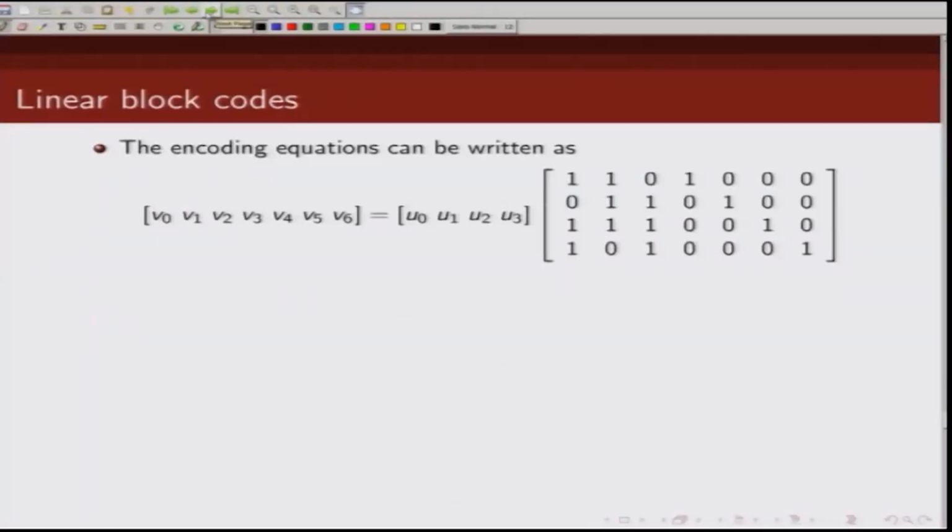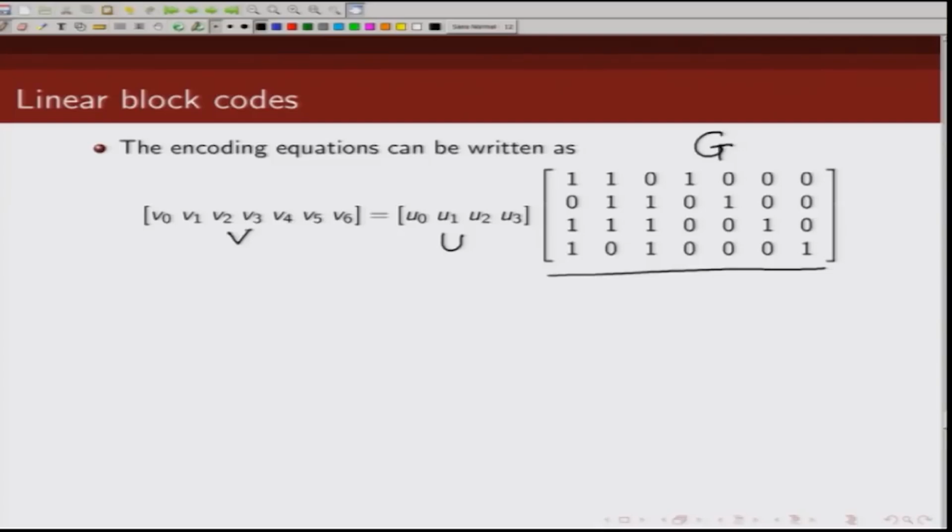The encoding equation: this is our generator matrix G, this is our information bits, the message bits U, and this is our coded bits V. So, we can write V as U times G. It is a (7,4) code, so there are 4 information bits, which I denote by U0, U1, U2, U3, and there are 7 coded bits, which I denote by V0, V1, V2 to V6, and this generator matrix I have already given you.